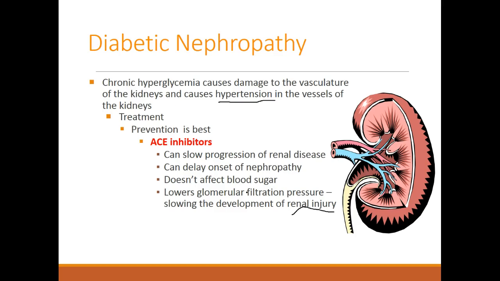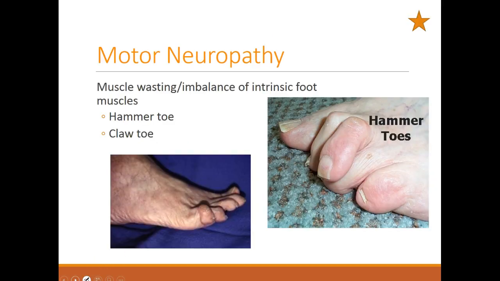It can help delay the onset of neuropathy. And the big factor here is that it does not affect the blood sugar. Motor neuropathy, talked about if you have patients with hammer toe and claw toe. When we get into foot care, we talked in class that we don't want our patients' feet to look like this because you don't want the overlap.